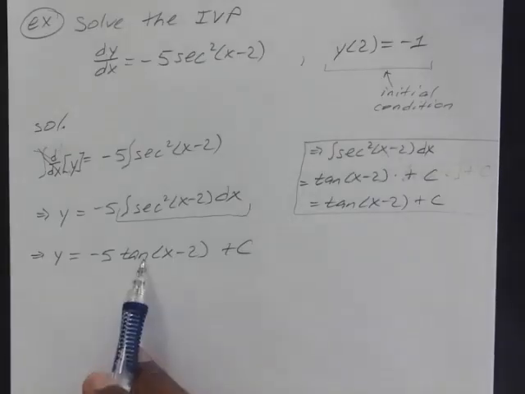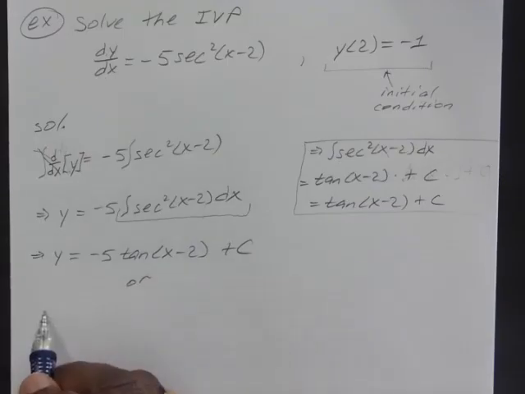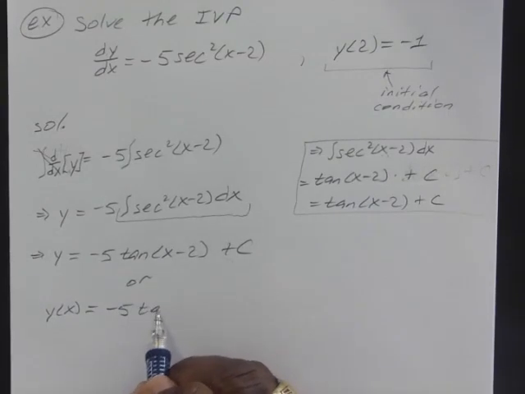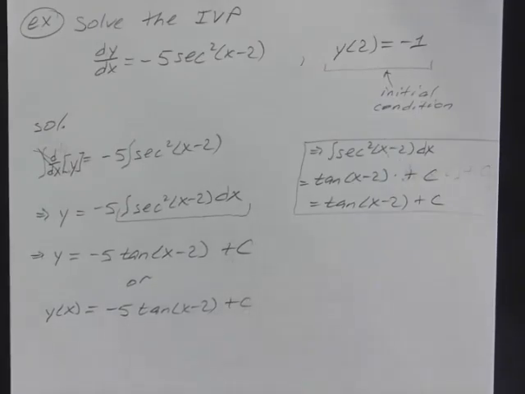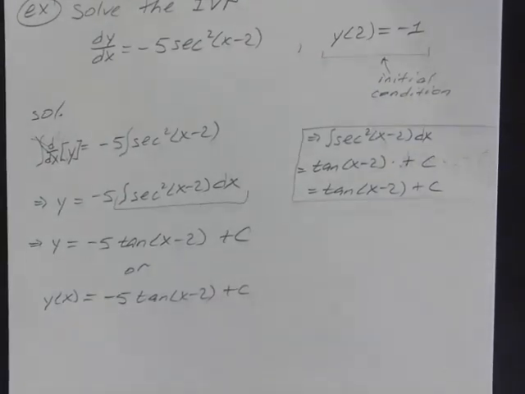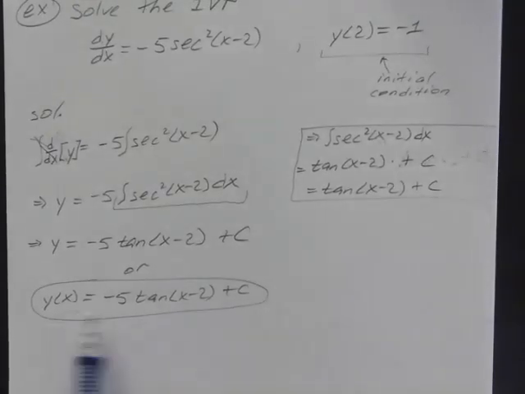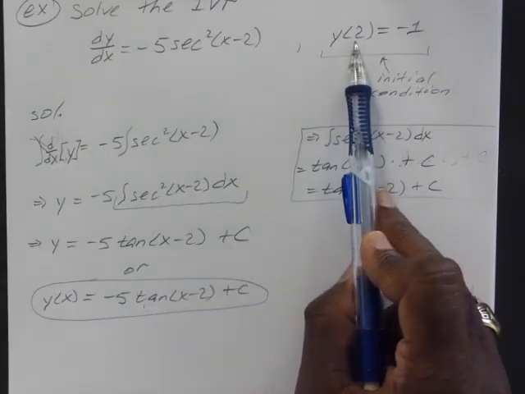So we can see here that y is just a function of x. So you can leave it like that, or you can write it as y of x is equal to negative 5 times tangent of x minus 2 plus c. Okay. And this way is a little more helpful because now we have it in the form to where we can just plug in our 2.